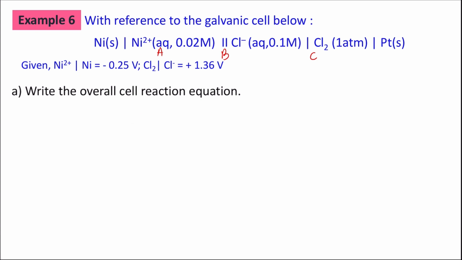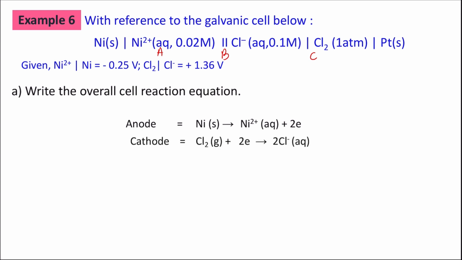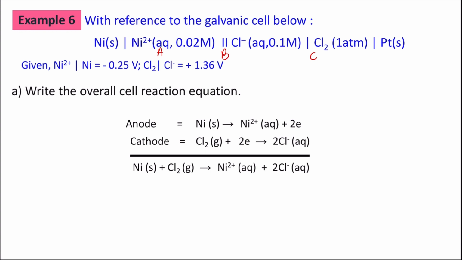So awak ada anode untuk nickel, releases electrons, and then cathode adalah chlorine, accepts the electrons. Pastikan awak balance the equation. For the overall equation, awak akan dapat this one apabila awak cancel out 2 electrons. So jangan lupa, siapa yang tak tahu tulis half equation, kena cuba tulis half equation dengan sendiri.